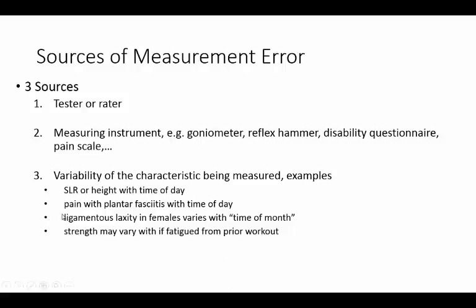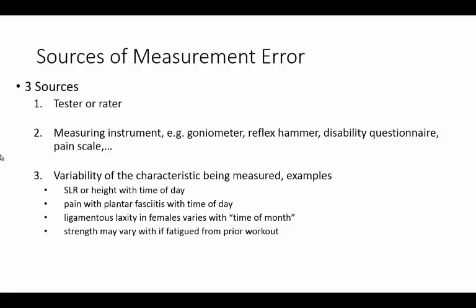For example, if I'm asking a person with plantar fasciitis, how much pain do you have? If I'm asking him that question early in the morning, he'll probably have a lot of pain. As the day goes by and the person is walking on his feet, the pain will start to decrease. So depending on when during the day I'm asking the question, the answer might be different.